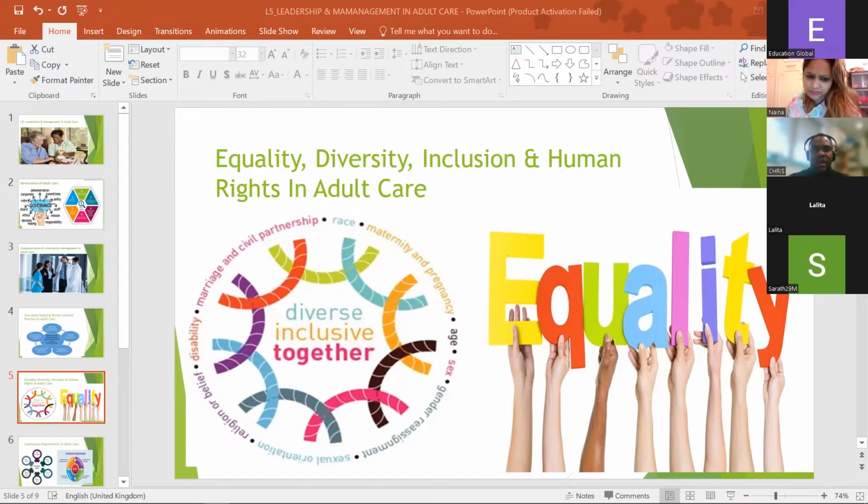We'll be looking at the laws that support equality, diversity, inclusion, and human rights, and how to implement them. Taking note of the individual's personal faith, religion, beliefs, and all of those things that come in between. So that's what this unit is about.